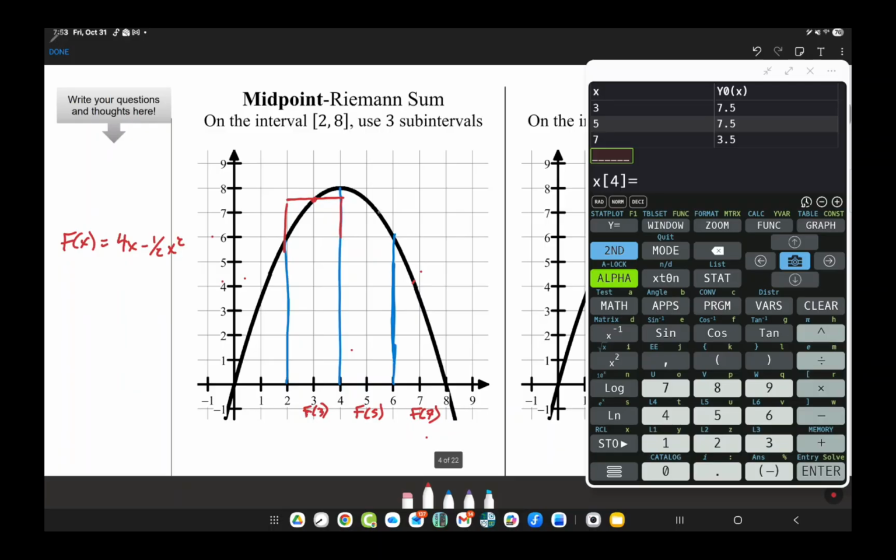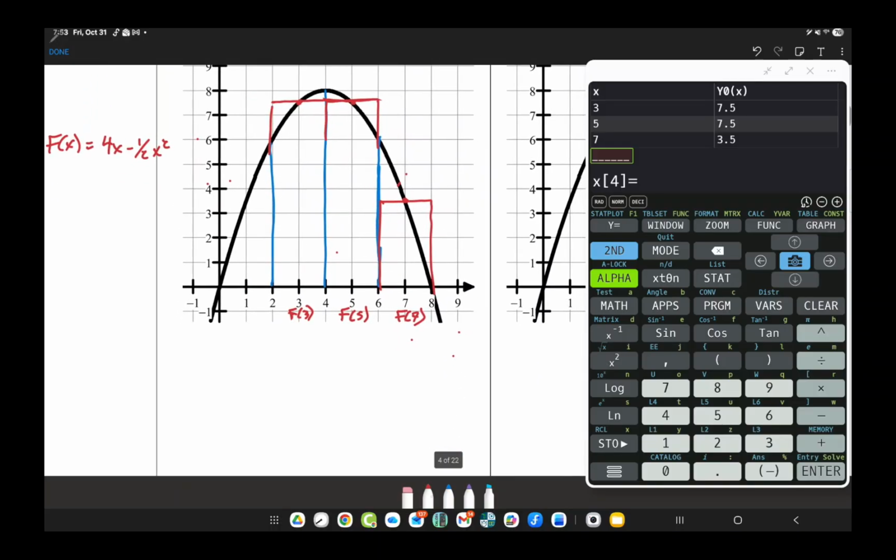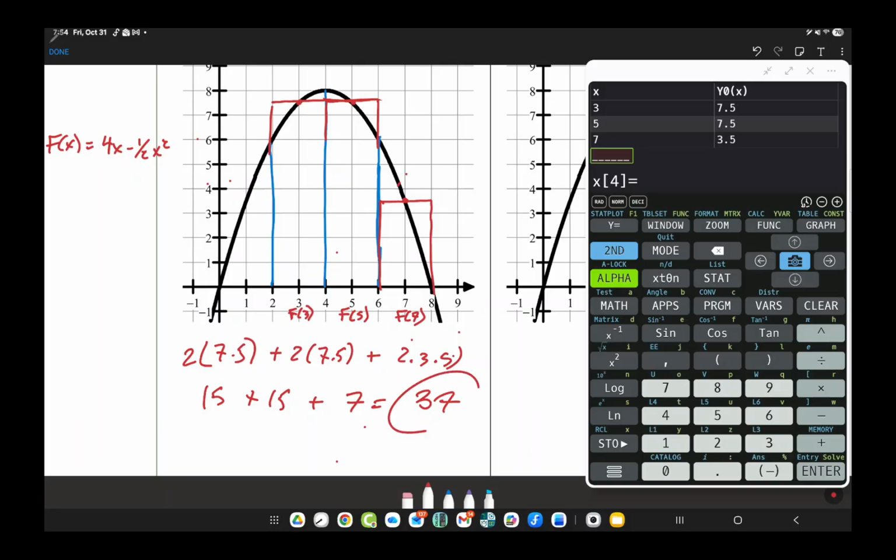So it's going to give me 2 times 7.5 plus 2 times 7.5 plus 2 times 3.5, which gives me 15 plus 15 plus 7, which is 37.